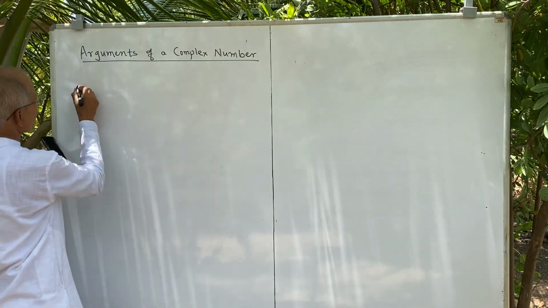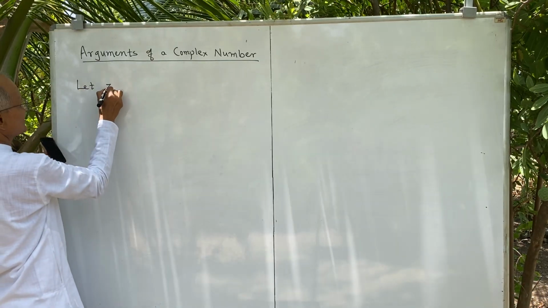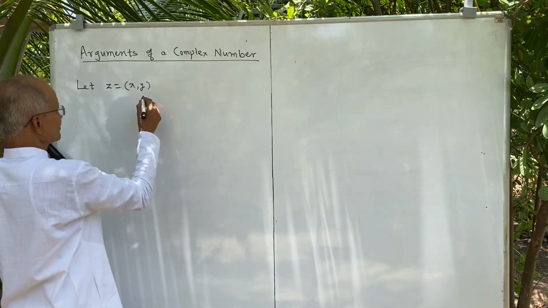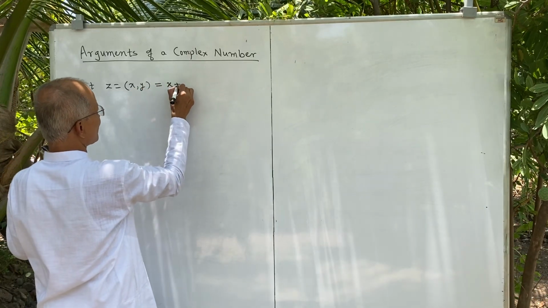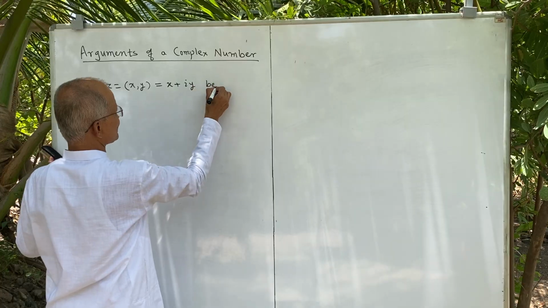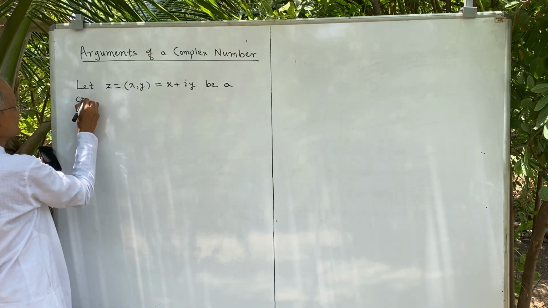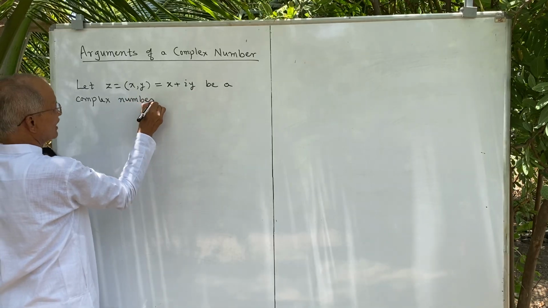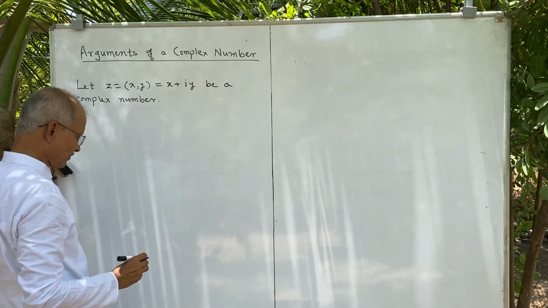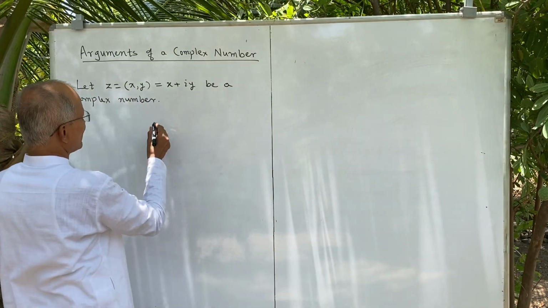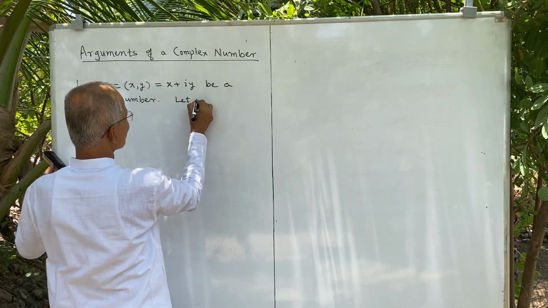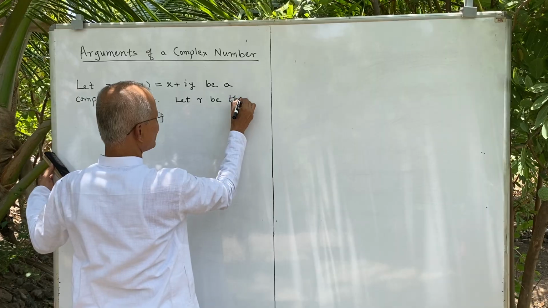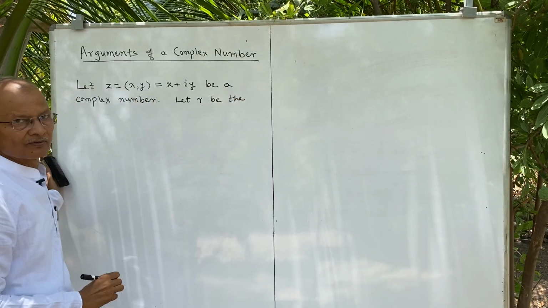We will consider z as a complex number, which is written as ordered pair (x, y), or in the form x plus iy. And we have studied earlier the modulus of a complex number, which is mod z, and let r be mod z. Geometrically it represents the length of the vector z.